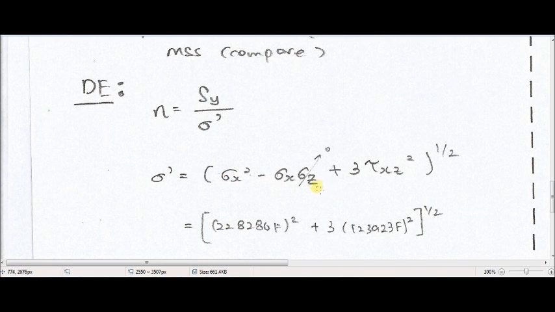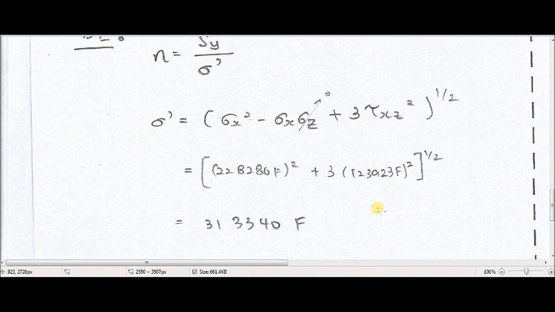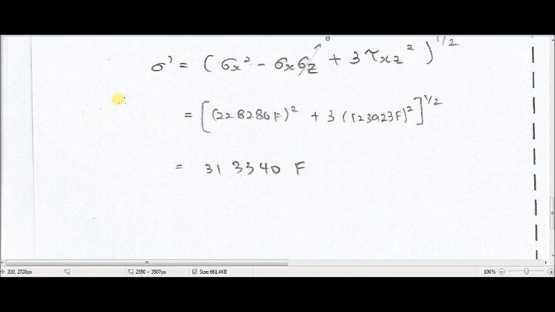The other two actual stresses are 0. So I can assume that this is a plane stress problem in the plane of xz, and sigma z also is 0, and then tau xz will be substituted here, and we will find the von Mises stress in terms of F value again.